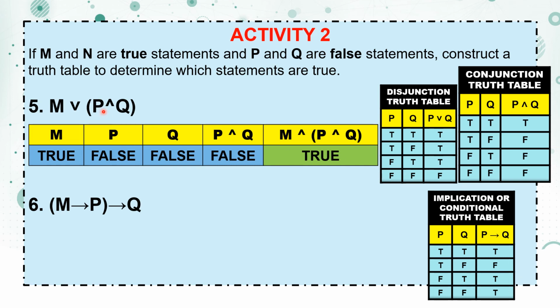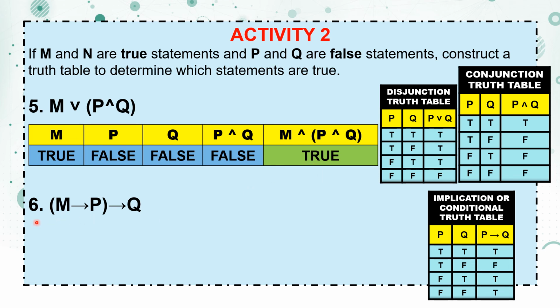M is true and P and Q is false. So, true, false. Let's find true, false in the disjunction table. It is true. So, the statement is true.